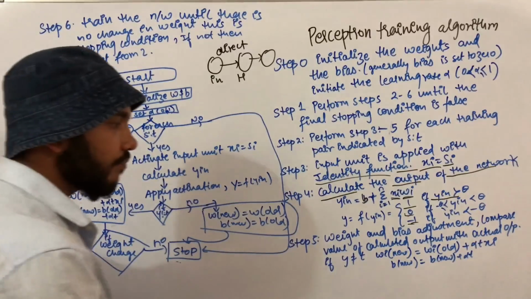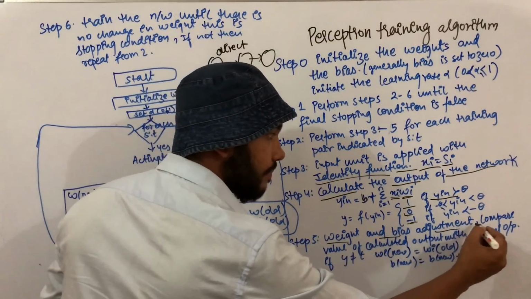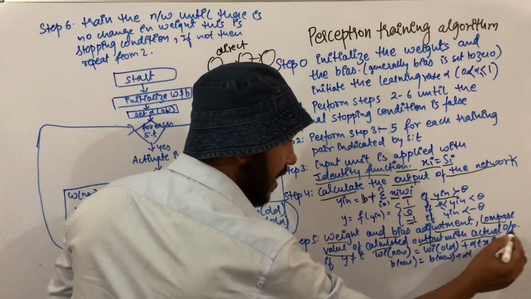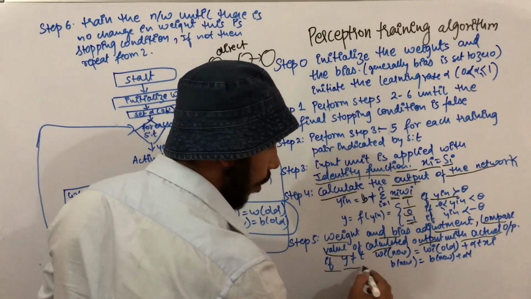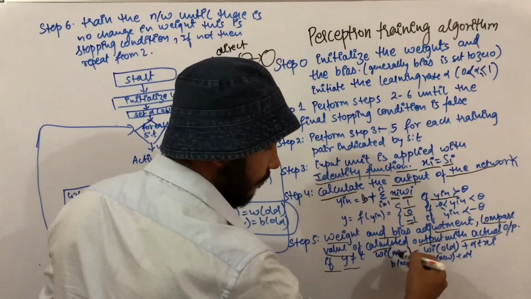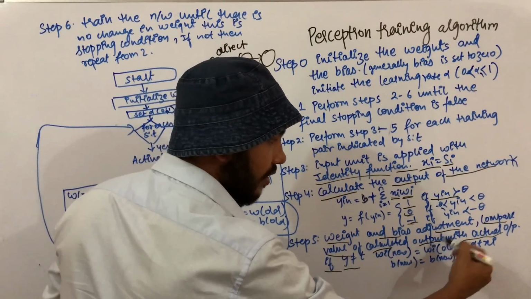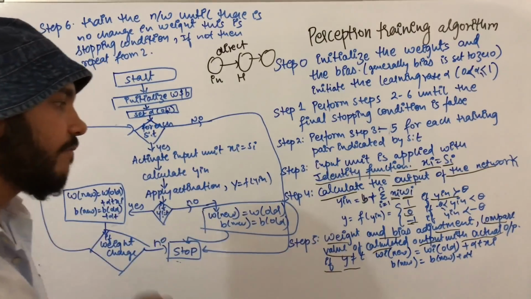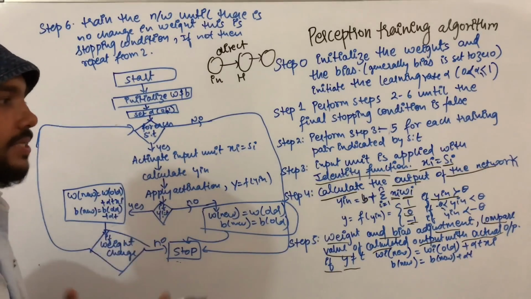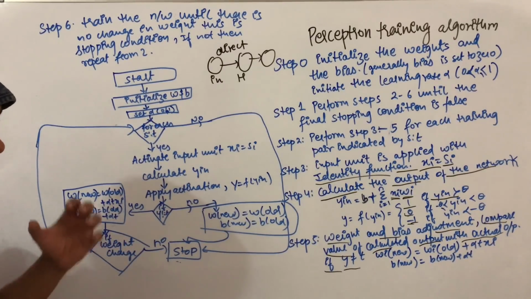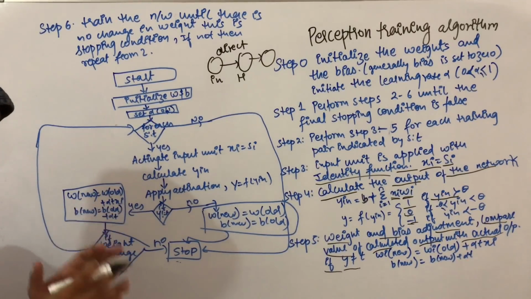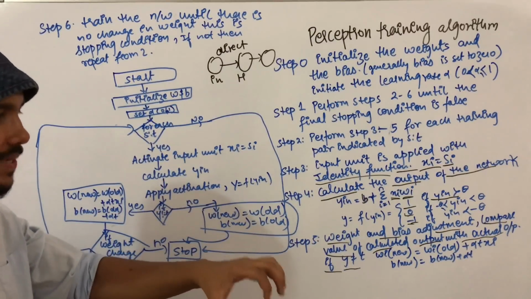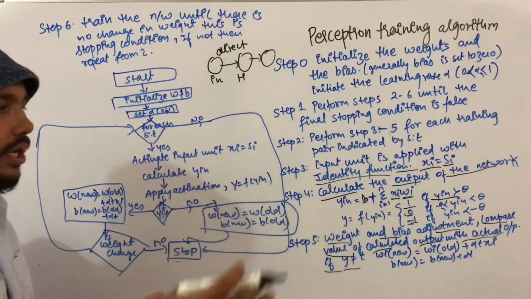In step 5, weight and bias adjustment, compare the value of the calculated output with the actual output. If y is not equal to t, then wi new equals wi old plus alpha t xi. We compare the output value that our network has produced with the actual output value.